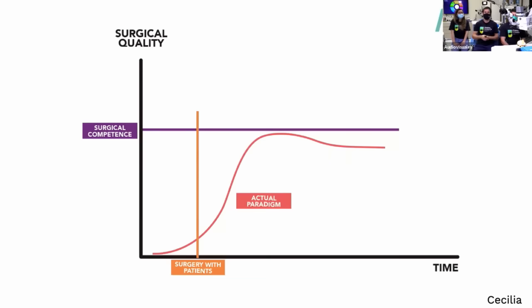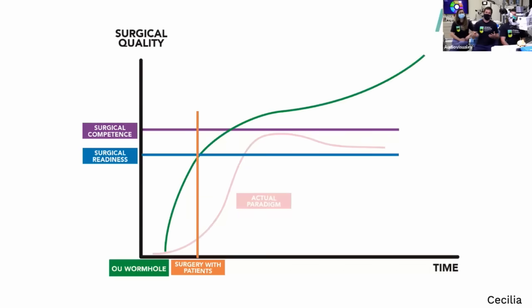Today is a day to talk about how that is changing, how with these new paradigms we can have such a big experience before we get to human beings and patients. We have this concept of surgical readiness. Ricardo, tell us a little bit more about how we can learn faster and more efficiently today, and how we can train without having a human being in the operating room.